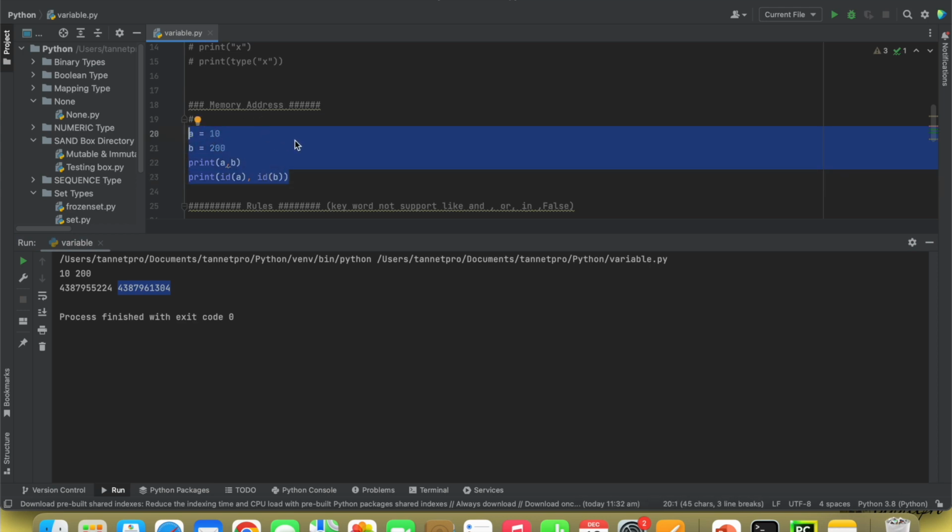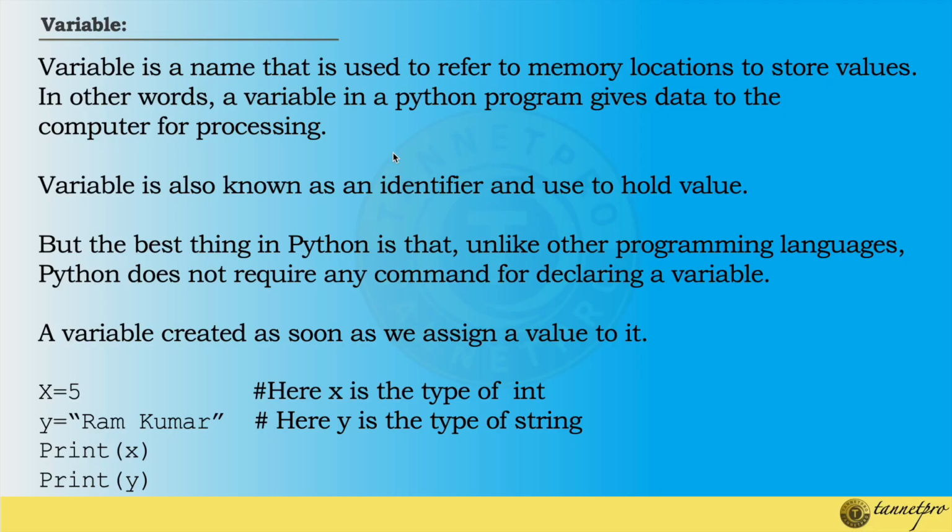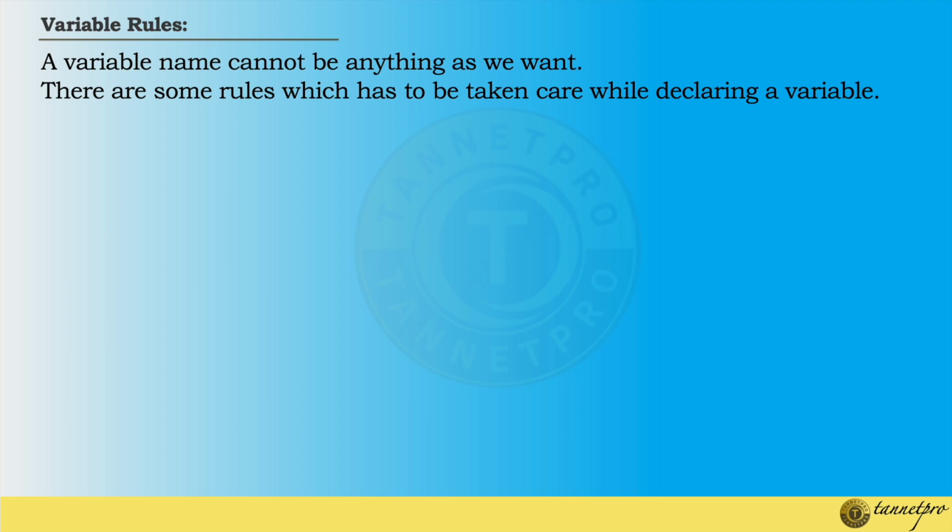So as I told you, this value is stored in the memory address. Now the variable is fine, x, y, a, b, c, d, I am writing, but there must be a rule we must follow. A variable name cannot be anything we want.